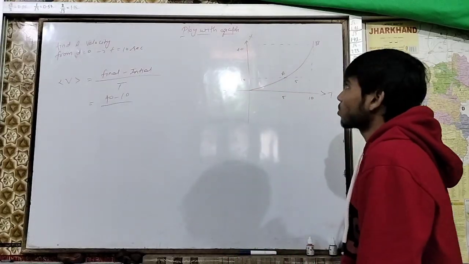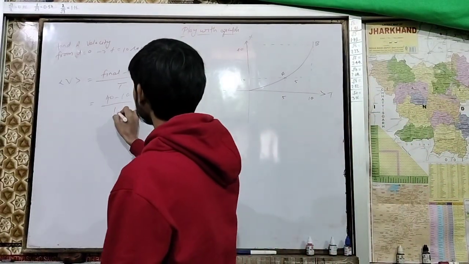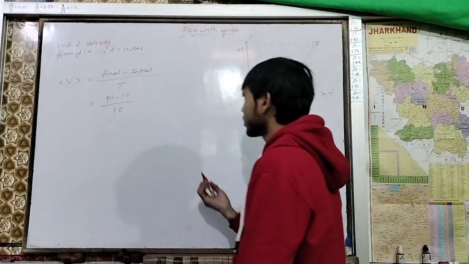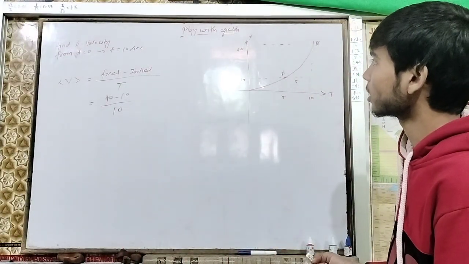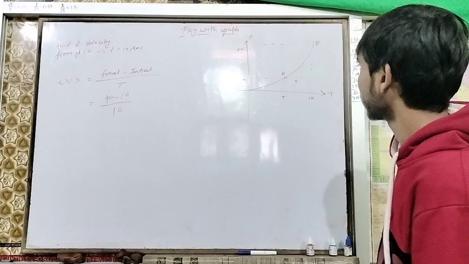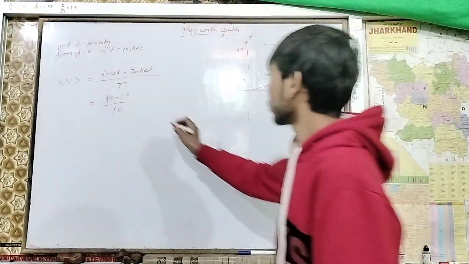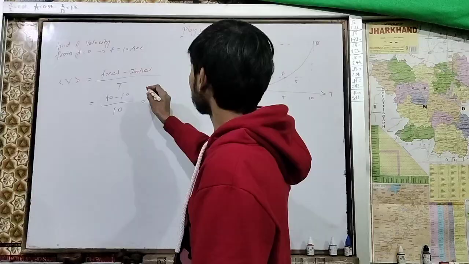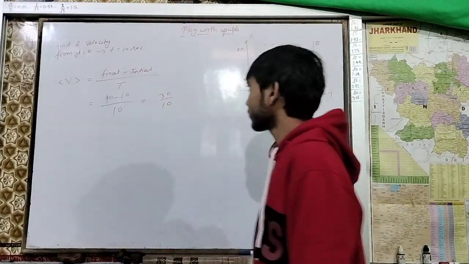And this particle took 10 seconds. Simplify this, and I hope you should get 6. Otherwise 10 minus 5, this is coming 10 seconds, so 30 upon 10.